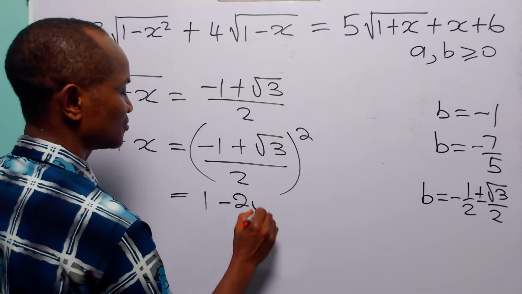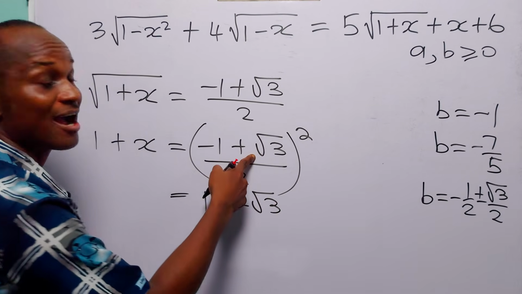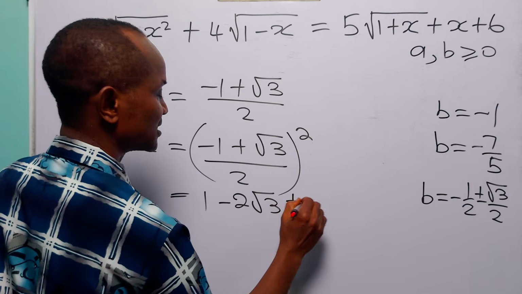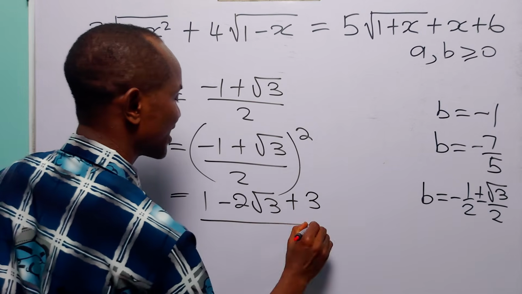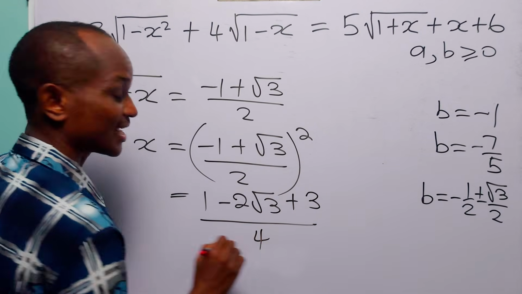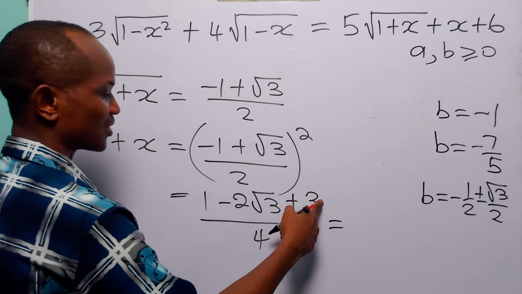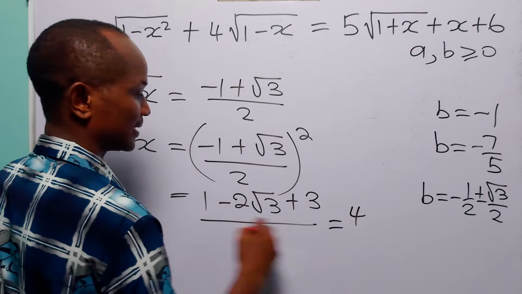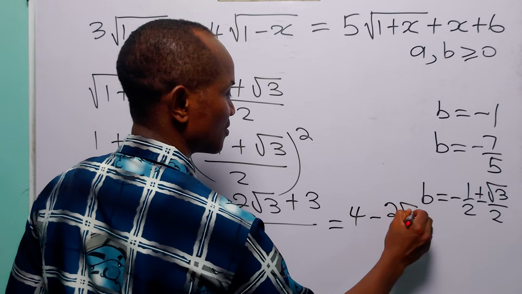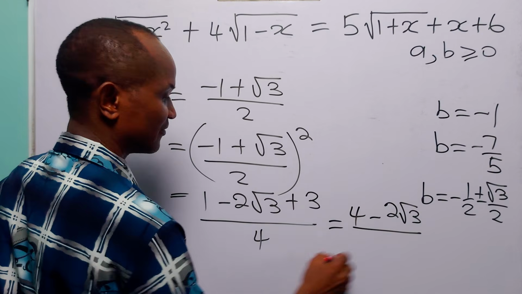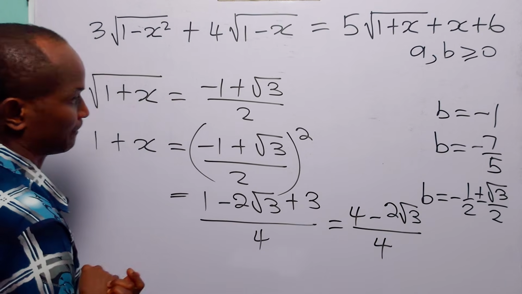That is minus 2 root 3. Then we have root 3 squared, which is equal to 3, divided by 2 squared, which is equal to 4. Now, 1 plus 3 is equal to 4. Then we have minus 2 root 3, all divided by 4.